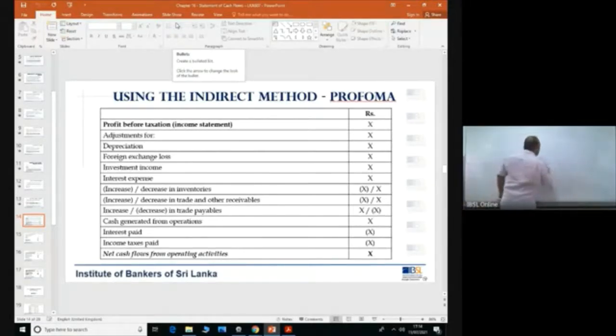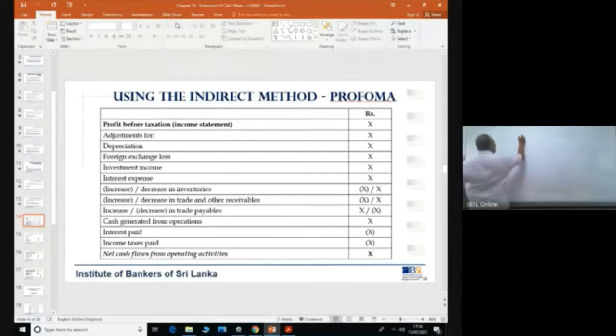So you need to understand this very carefully, right? Now what you do under the indirect method, you take the profit or loss and you do the adjustments. The first adjustment, they say, is depreciation. Depreciation, you know that it is a non-cash item. Why do I say it is a non-cash item?